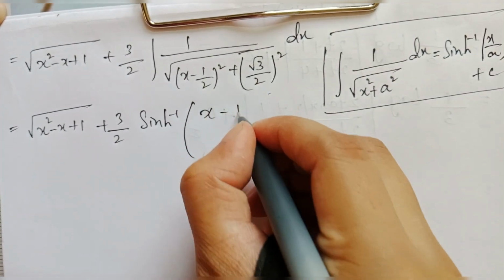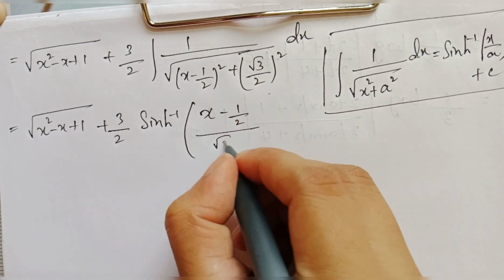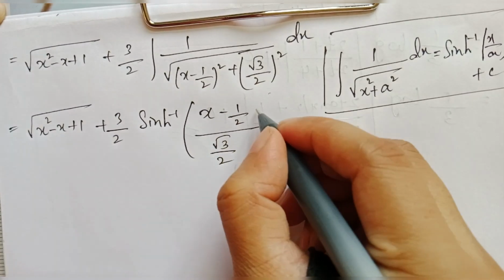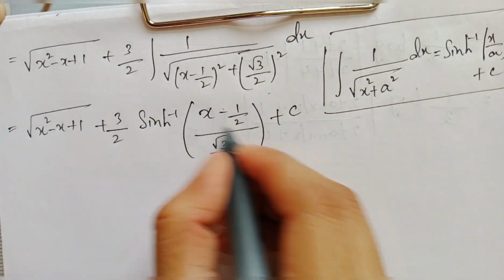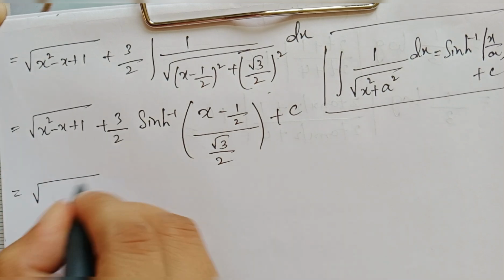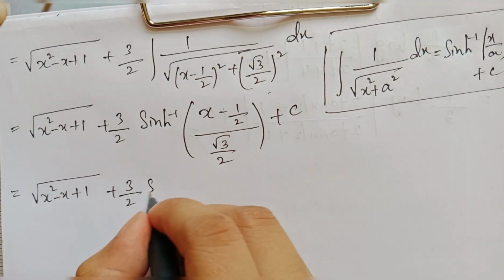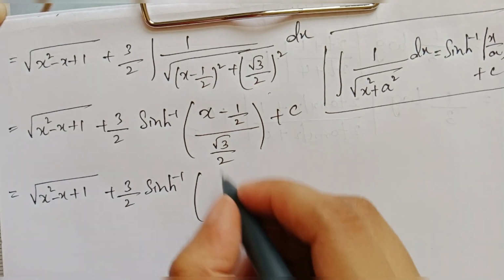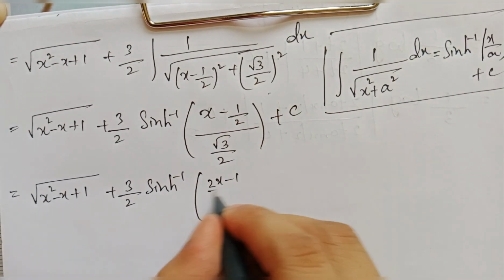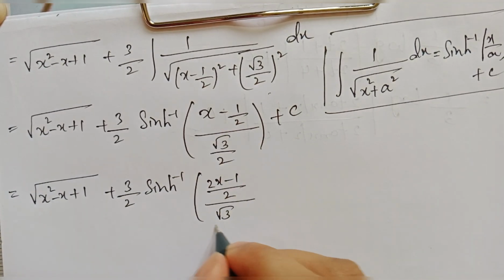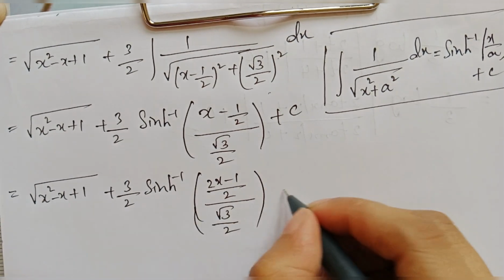So it is x minus 1 by 2 by root 3 by 2, plus c. Here taking the LCM, we'll get root x square minus x plus 1 plus 3 by 2 sine h inverse, so it is 2x minus 1 by 2 by root 3 by 2, right, plus c.